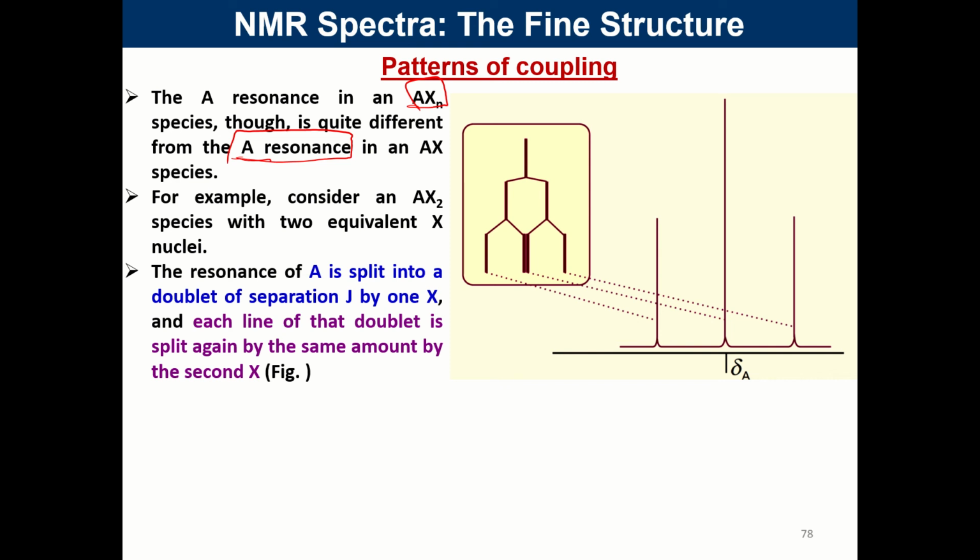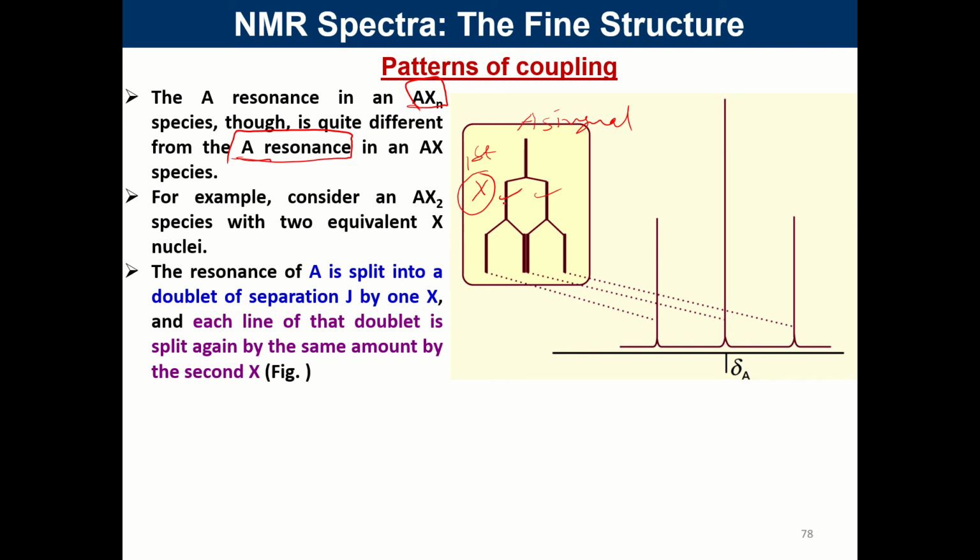One A, through spin-spin coupling with one X, splits into two, so you will obtain a doublet. So now the first X, this is the A signal, and due to interaction with the first X it is splitting into two.